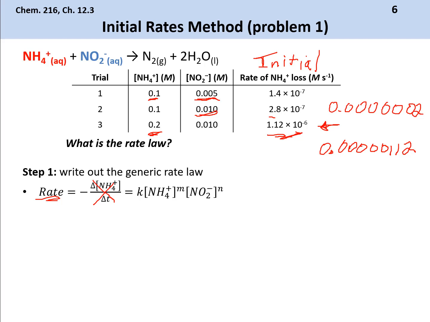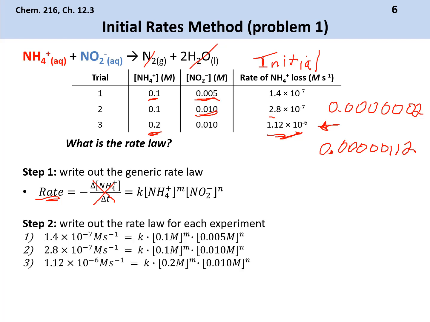I know it's going to look like this. I know it's not going to have N2 in it, and it's not going to have H2O in it, because these are products. It only has reactants. Now step 2: I did 3 trials, so I have 3 different equations.